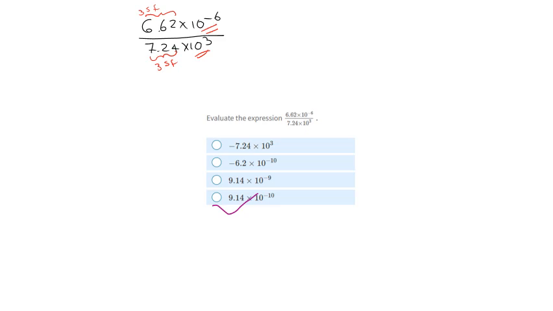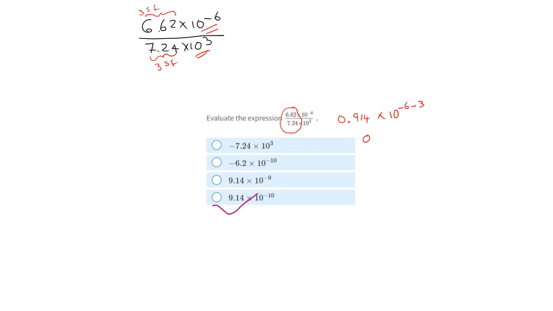So when you divide 6.62 by 7.24, you can see that it's going to be a bigger number in the denominator, so we will get 0.914. So 0.914 times 10 to the power negative 6, again 10 to the power 3 is in the denominator, so negative 3.